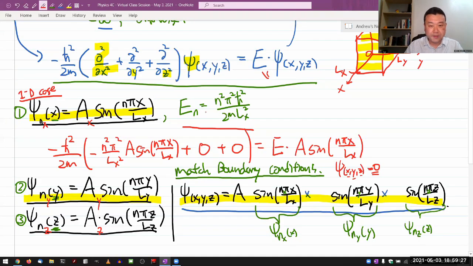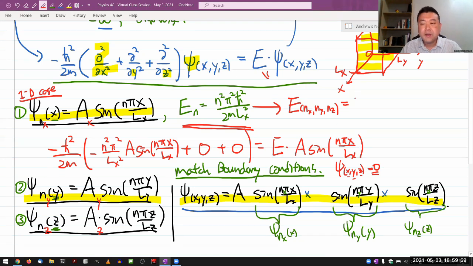So taking the cue from the solution for the one-dimensional version, the energy of the state specified by the three quantum numbers nx, ny, nz is equal to the sum of this with a version for x, y, and z.